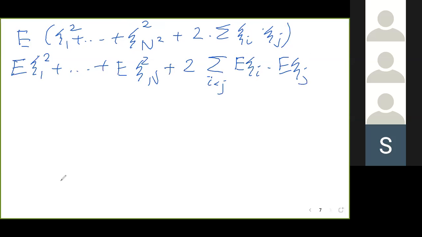So we do not need that they are independent as a whole set of n variables. It's enough to use pairwise independence.